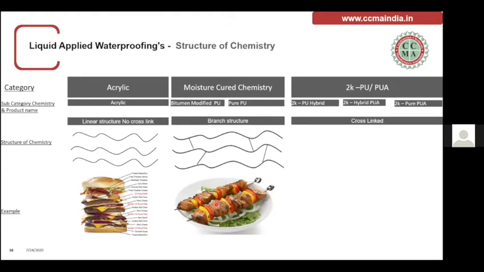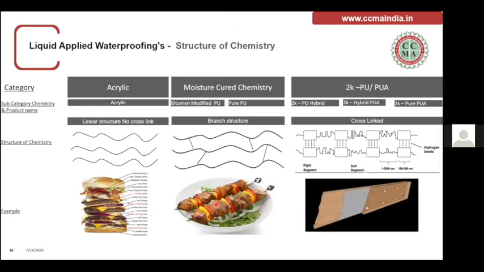When we talk about a polyurea two component chemistry, it is more like a cross-linked structure. It is something like a wooden plank where I have a first plank, a polyurethane adhesive, and then a second layer of wood, and then for more safety, I put some nails inside it. Now this bond cannot break, and when we test these chemistries in accelerated weathering conditions, we see two component chemistries performing better than single component chemistry.